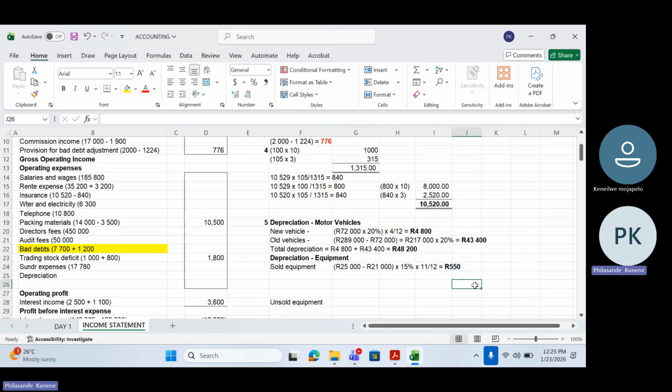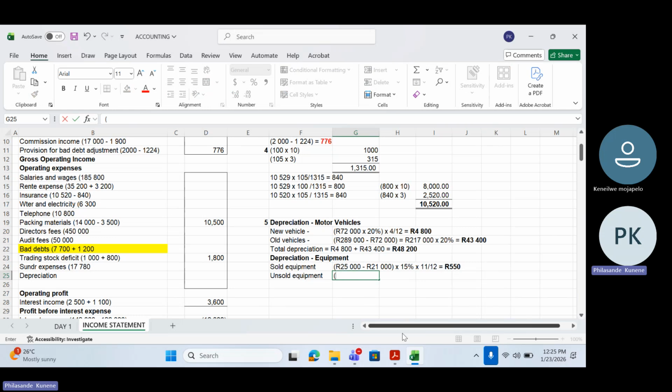For the asset that was sold. This is the depreciation for the asset that was sold, on the diminishing balance method. Are you happy with this one? Okay, thank you.